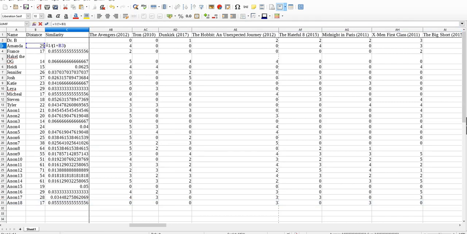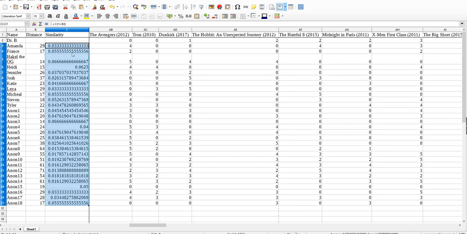And here we're still computing similarity as 1 over 1 plus the distance for everyone. And what the similarity score can be interpreted as is the percent similar that our movie taste is.